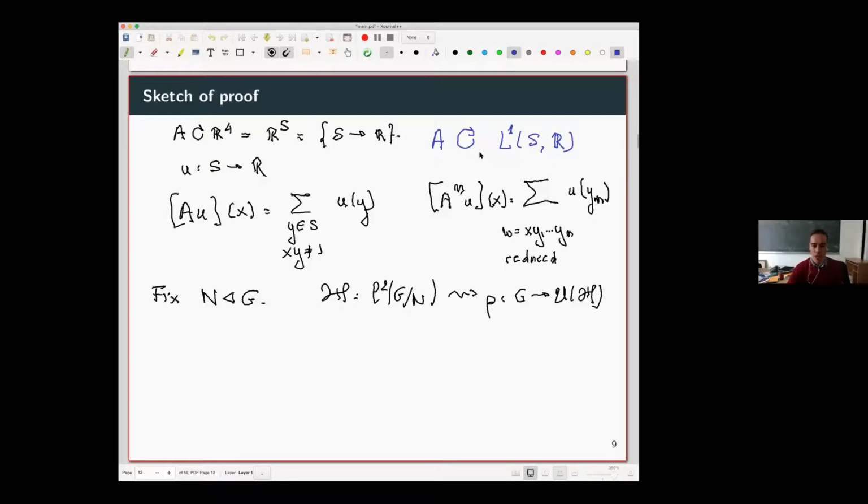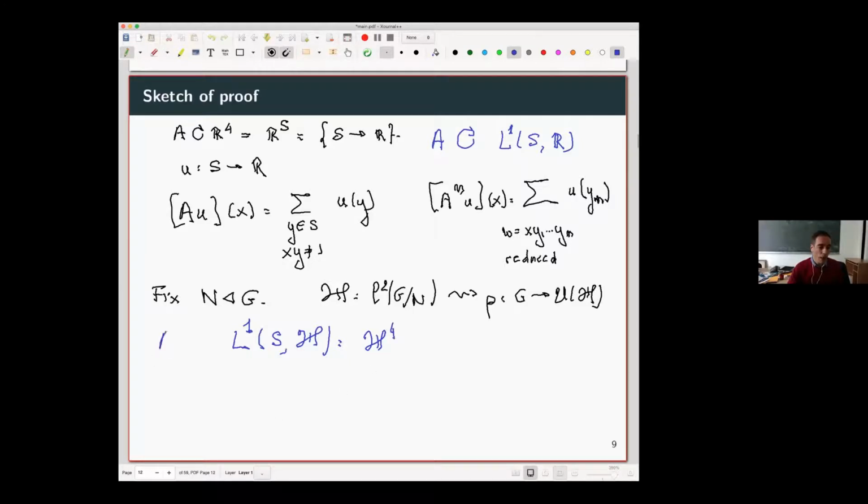I will not change anything. Now, what I'm going to do is consider the space of L1 functions from S, but instead of taking values in R, they will take values in this Hilbert space L2 of G mod n. So basically, it's L1 of S, H.